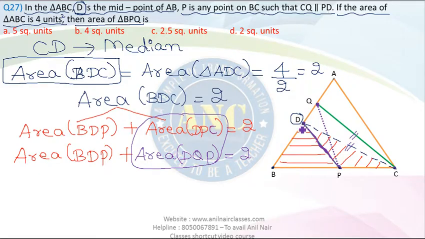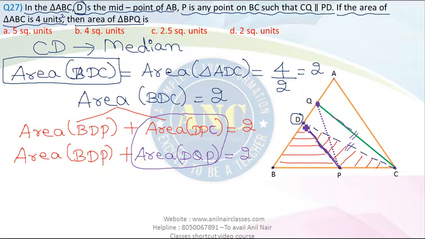Another triangle is DQP. This DQP is again there with the same base DP, and the other point Q is once again on the same line CQ.